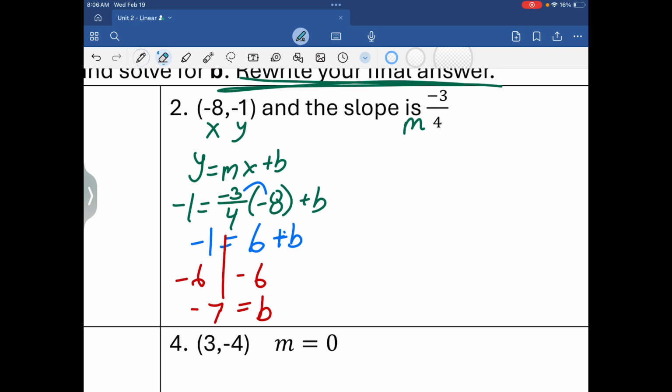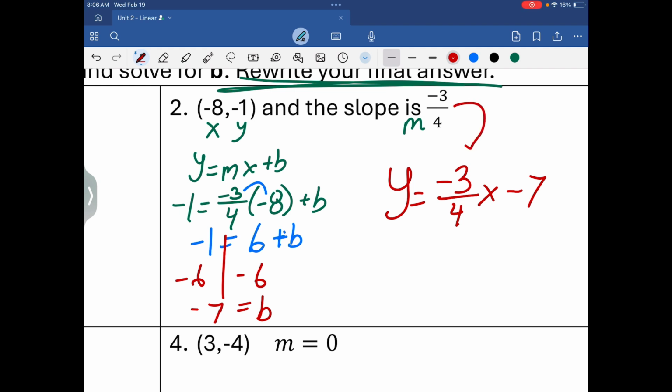Rewrite our answer. Y equals -3/4x minus 7. Notice how my slope does not change, because your slope is not going to change if it's on the same line. M was -3/4, B was -7.